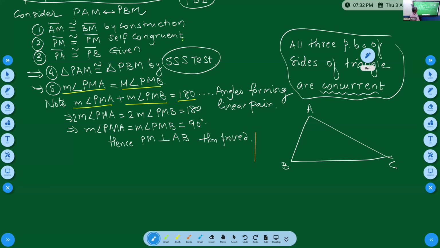If I draw the perpendicular bisector of AB and the perpendicular bisector of BC, then of course they will intersect. But the theorem says that through that intersection, the perpendicular bisector of the third side also will pass. That is amazing, because we have drawn a random triangle and three different perpendicular bisectors, but every time they pass through a common point.